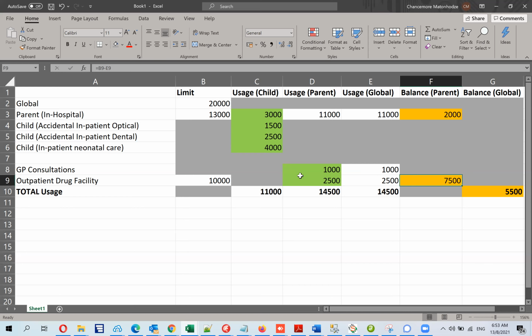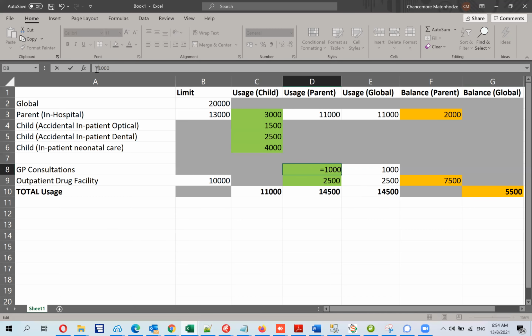So the GP makes a claim of $1,000 for another, this is a new encounter. So it is a new consultation. It's not a review. And it's another $1,000. So we're going to add $1,000 to this. So it is another 1,000.